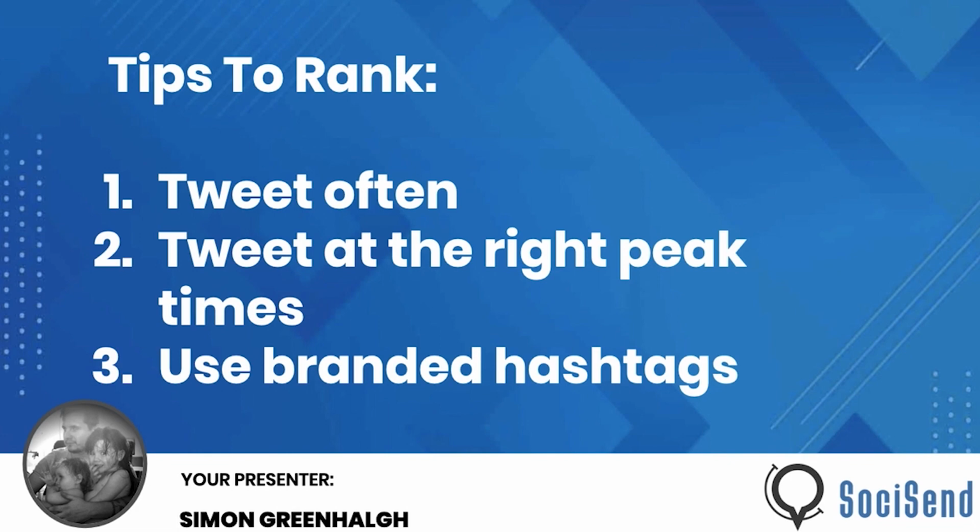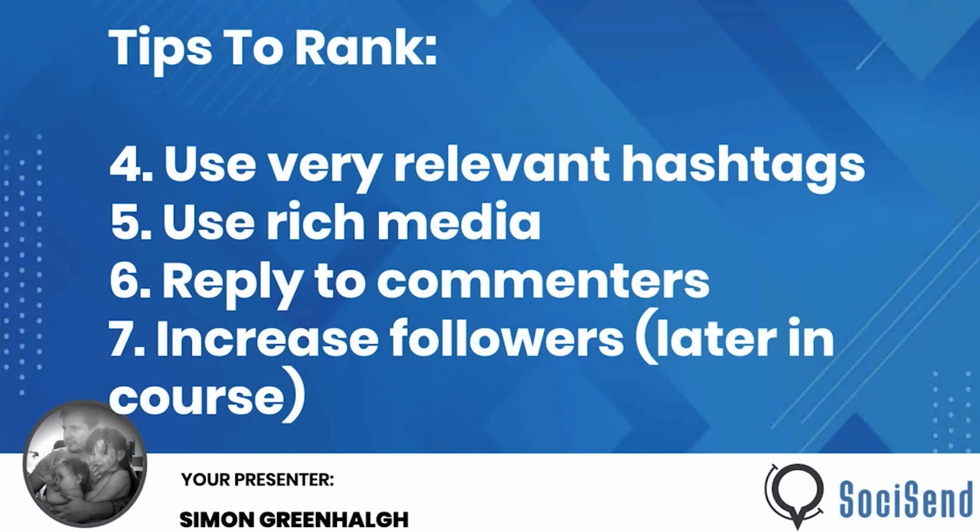They've figured all that stuff out now. Same with Instagram. We'll cover that a bit later. Again, use very relevant hashtags, even if those hashtags don't have a large amount of tweets associated to the hashtag. You're still going to get much better effect by using relevant hashtags than you are by using completely irrelevant ones with millions of tweets.